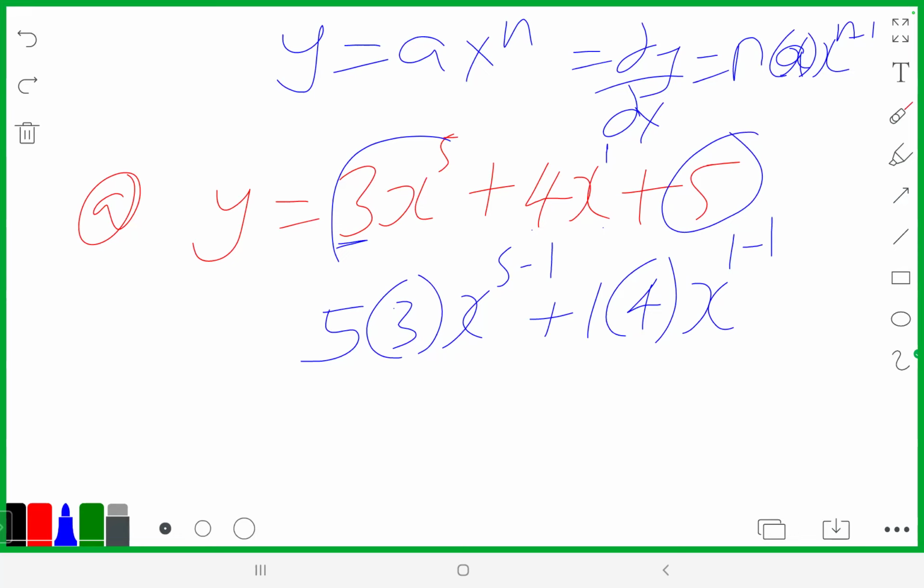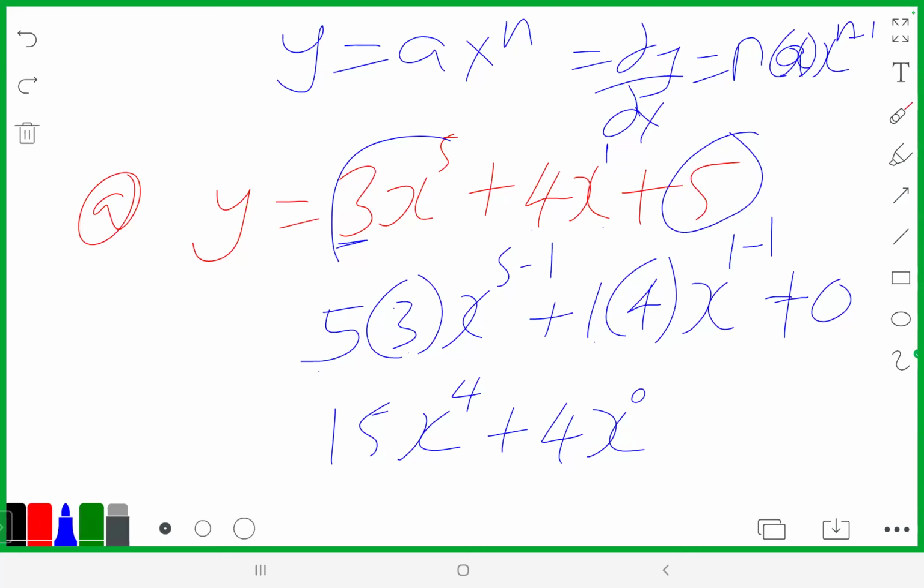So the derivative of a number or a constant is always 0. Is that clear? Yes. So we have 5 times 3 giving us 15x raised to the degree 5 minus 1, 4, plus 1 times 4 is 4x to the power 0.